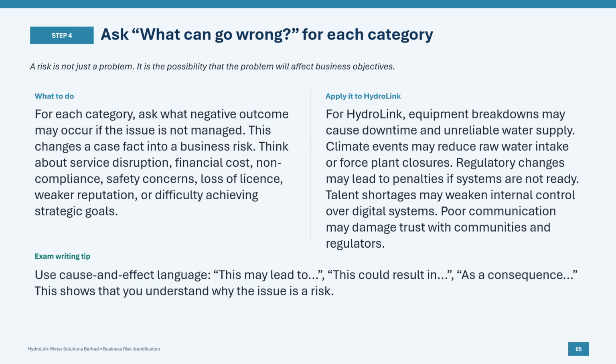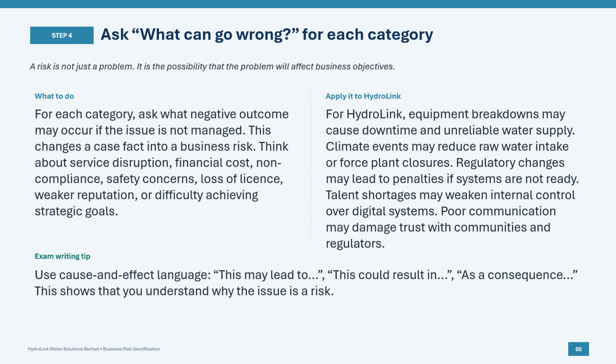Step number 4, ask what can go wrong for each category. Ask what negative outcome may occur if the risk is not managed. This changes a case fact into a business risk.